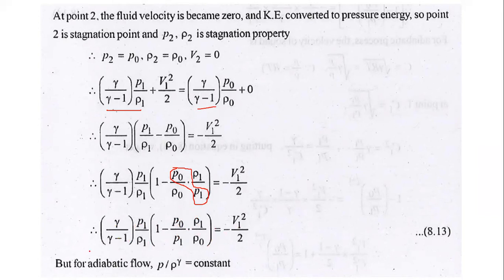That means we consider the pressure terms in a similar way, in the numerator and denominator, and the rho terms in the numerator and denominator. But for the adiabatic process, P upon rho raised to power gamma is equal to constant.